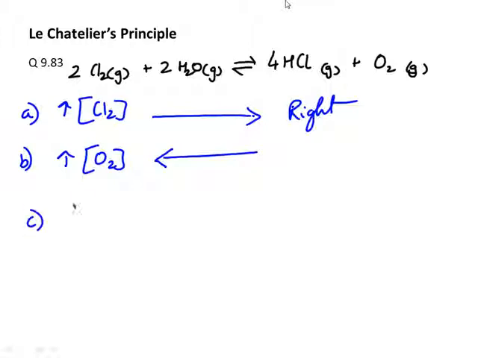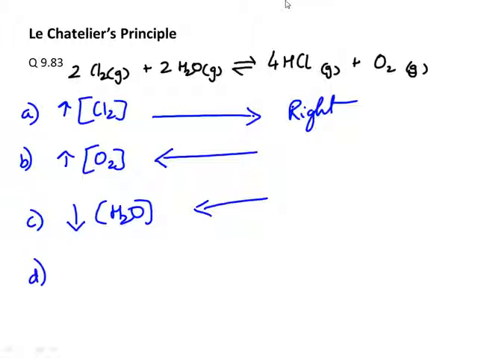C, we are now decreasing water concentration. Water is once again in the reactants, and we are decreasing it. If we are going to decrease it, the reaction will shift more to the reactants in order to create more of it so that balance can be achieved again.